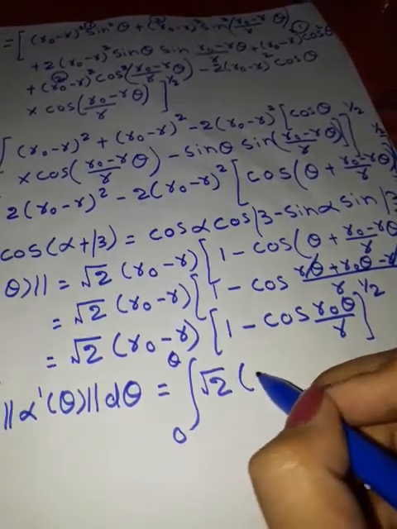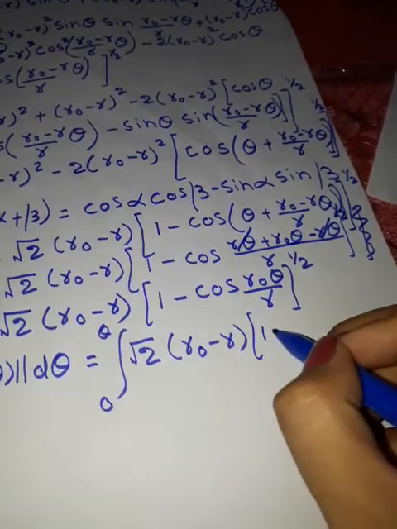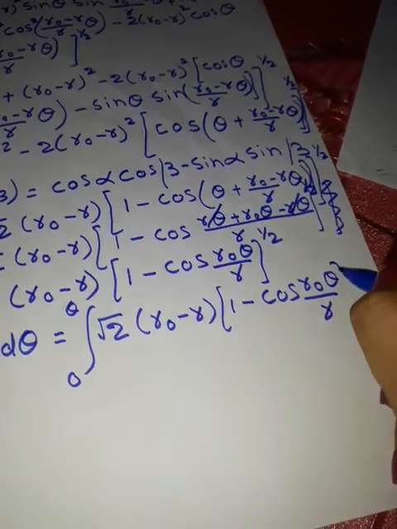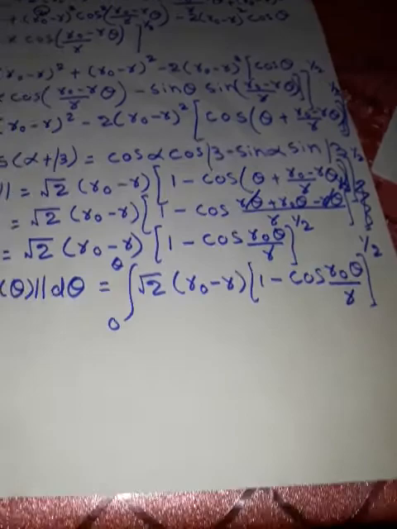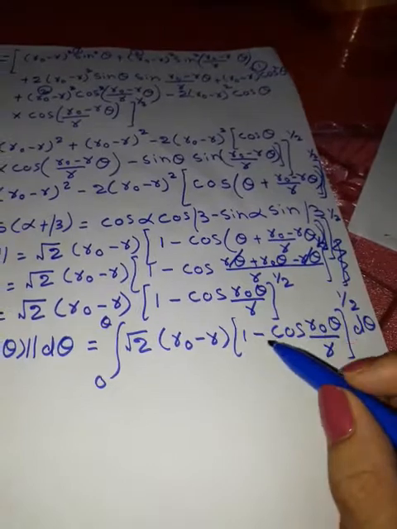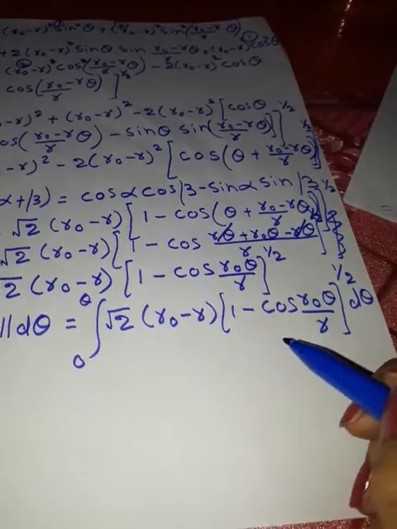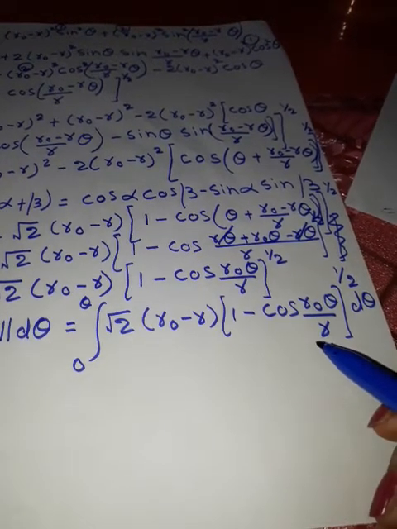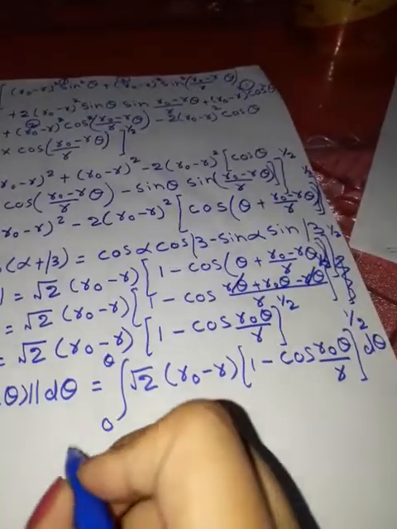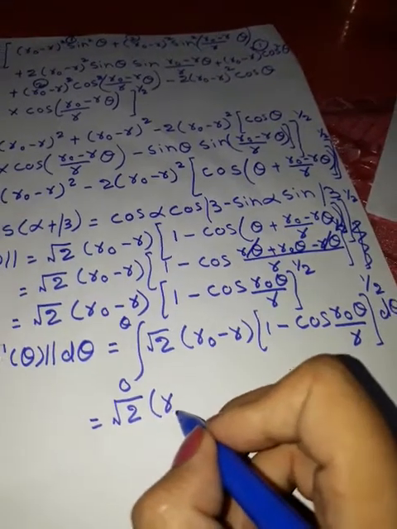Under root 2 r naught minus r, 1 minus cos r naught theta divided by r, whole power 1 by 2, d theta. Now this term is constant, but I need to simplify it to find the integration. I can take the constant term out.